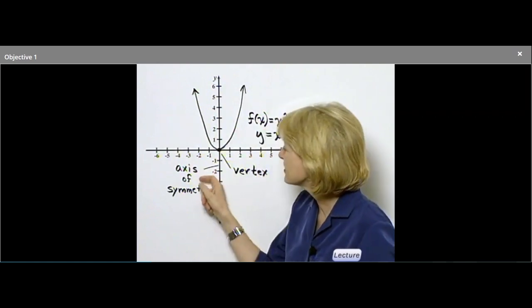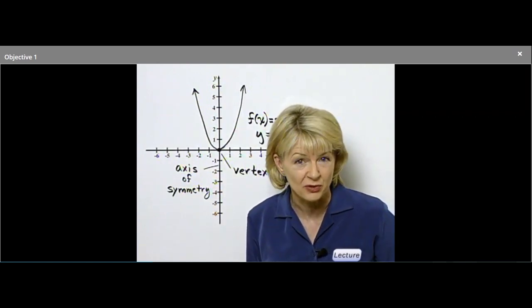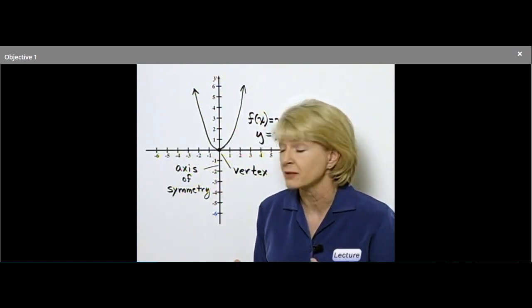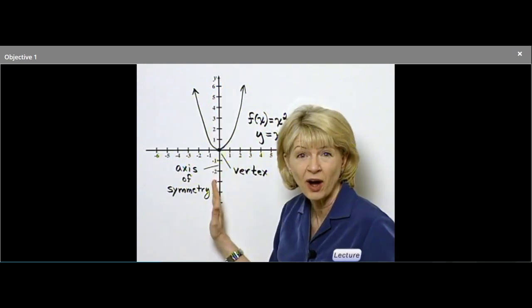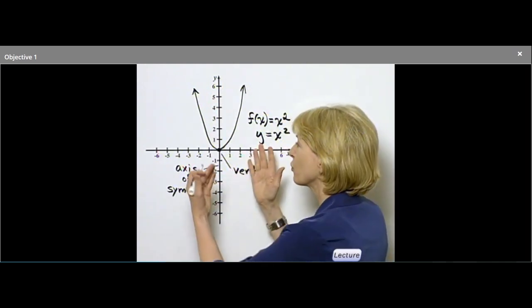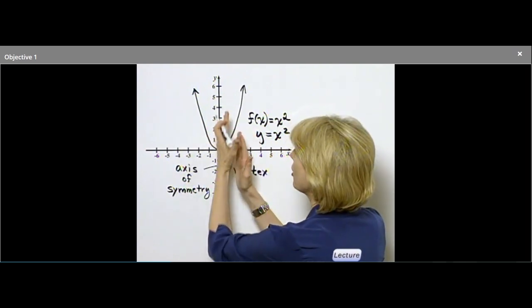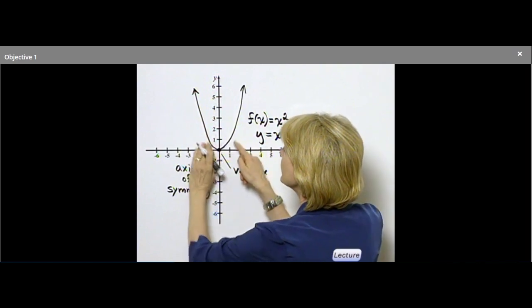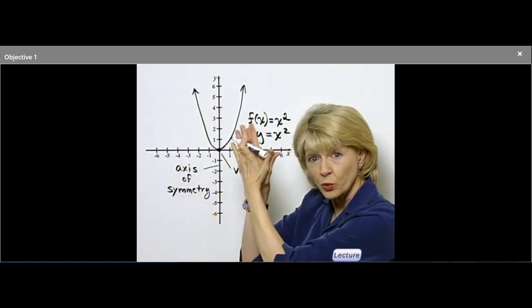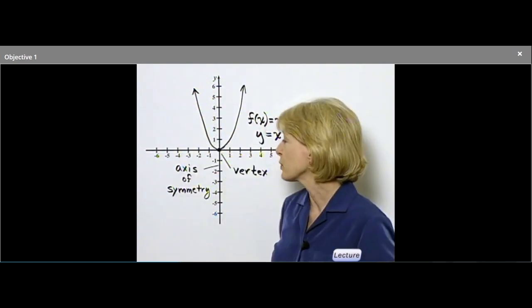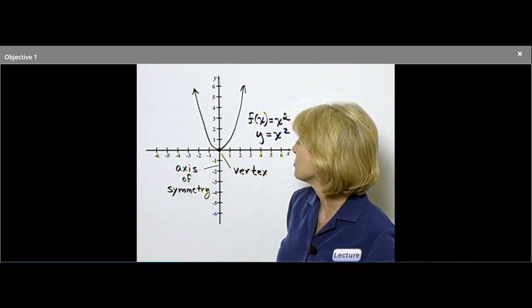And the y-axis is called the axis of symmetry. Now, what does it mean to be symmetric about, in this case, the y-axis? It means that, for example, if I were able to fold this along the y-axis, these two pieces would coincide. So that's what I mean by the axis of symmetry.